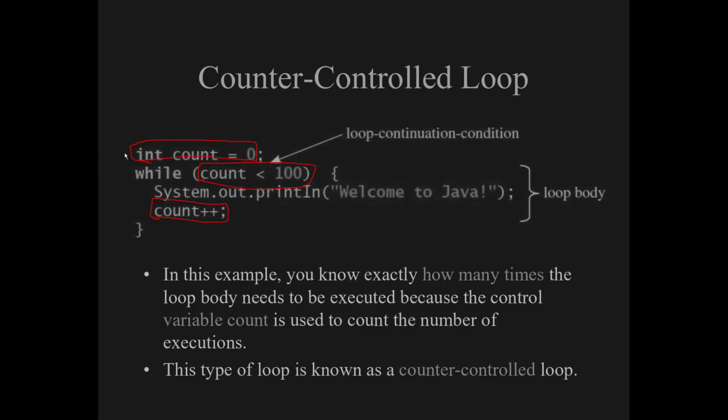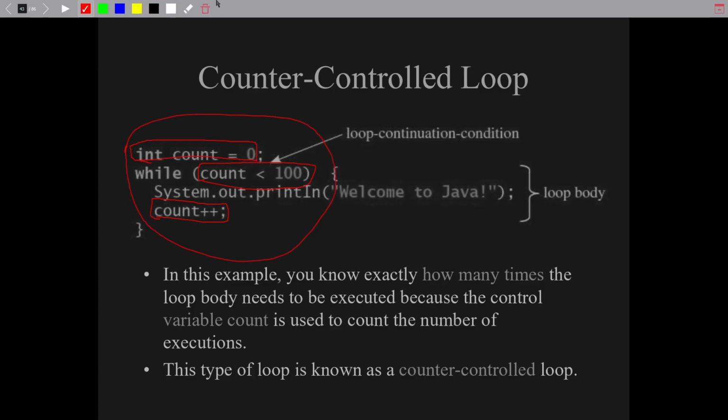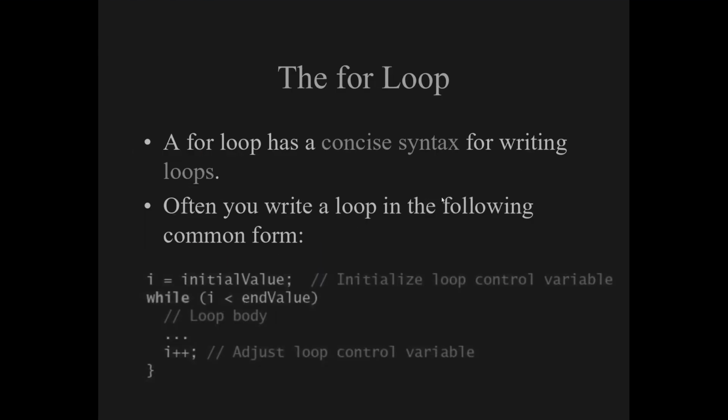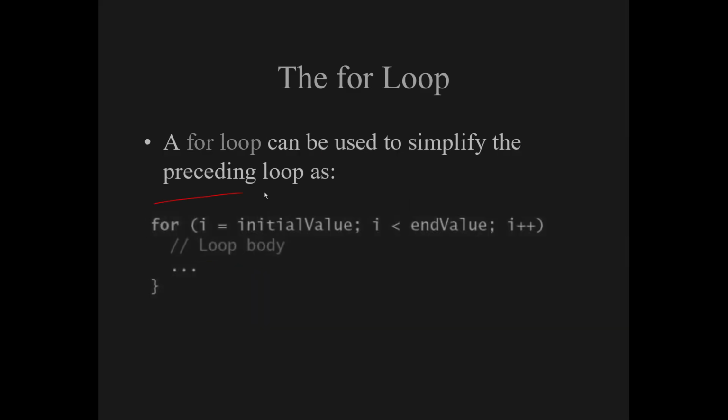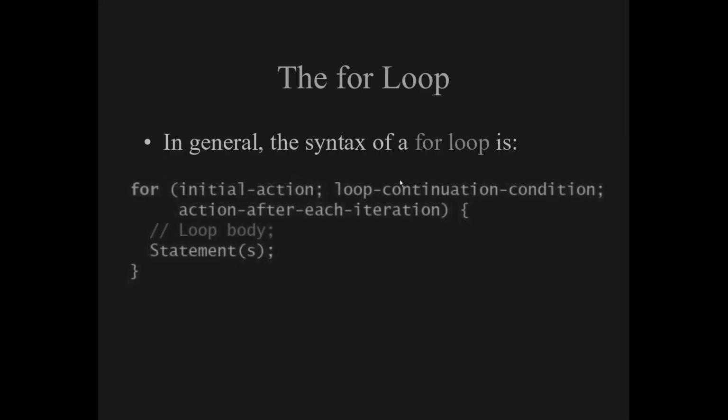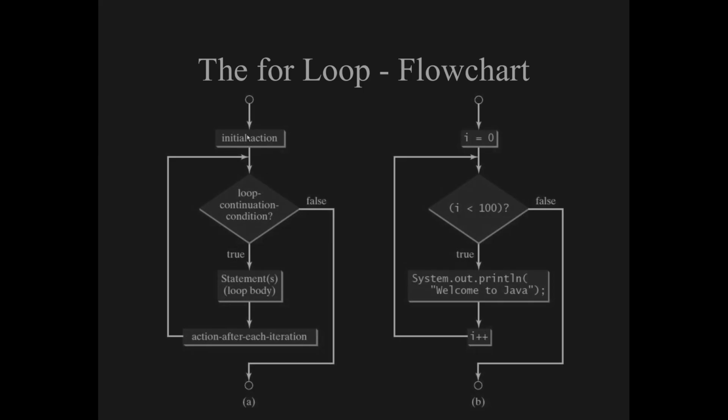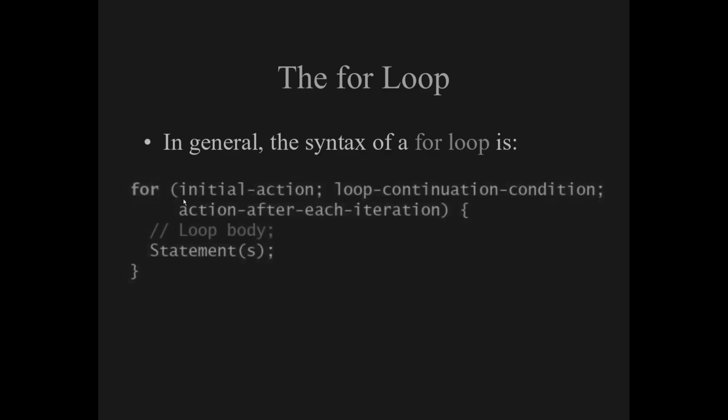And there's a shorthand for this kind of loop, and that's the for loop. So it's a concise syntax for counter-controlled loops, okay? So rather than this, you can just write this, right? So the initial action is before the first semicolon. You can do whatever you want here, believe me.